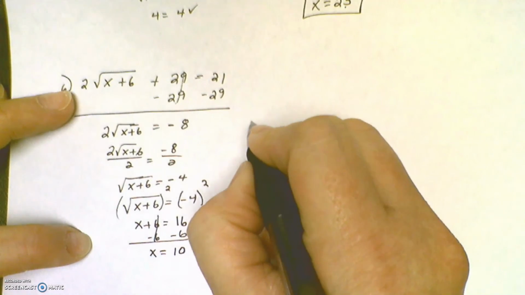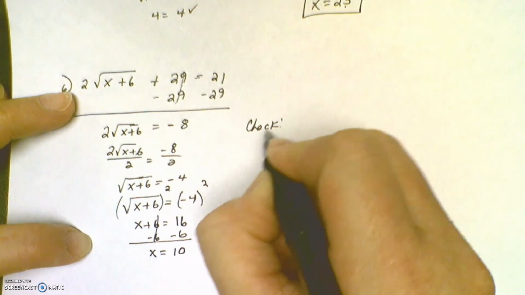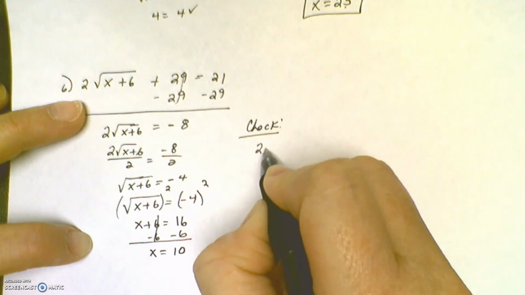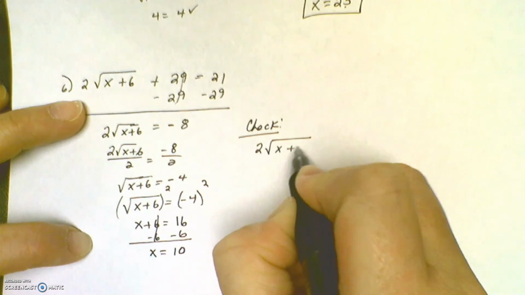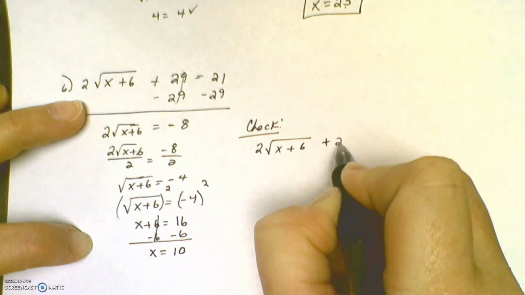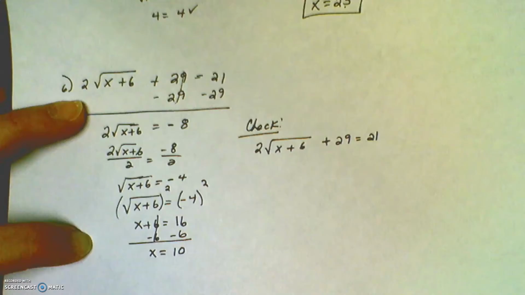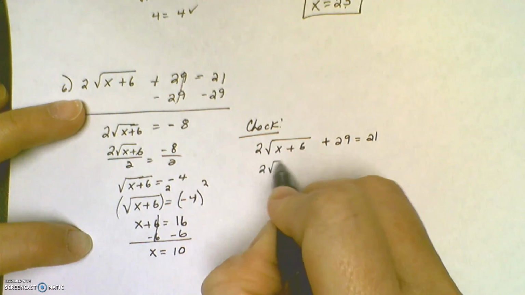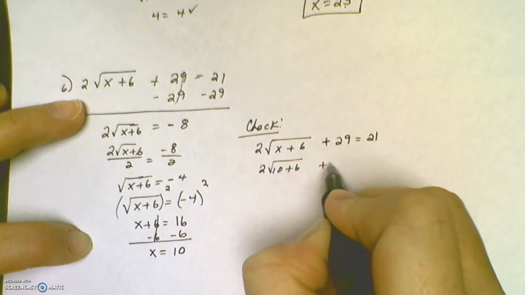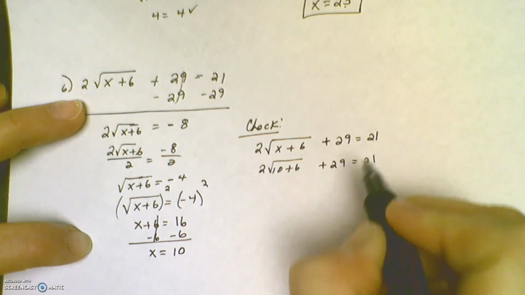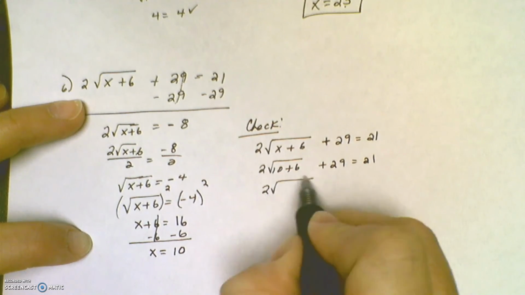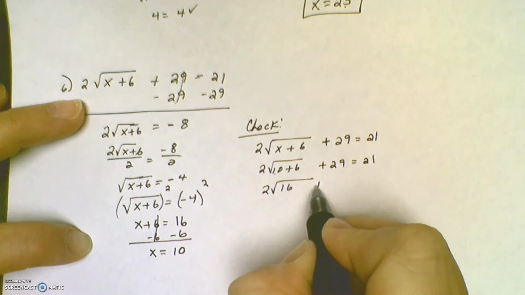Check. Everywhere we see an x, we'll plug in 10. So we get, for the radicand, 10 plus 6 is 16.